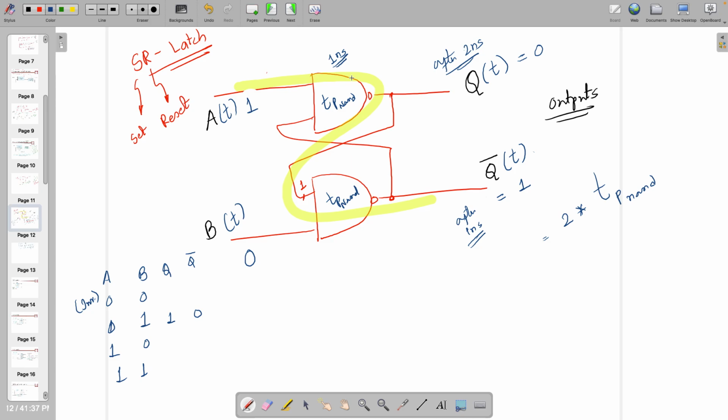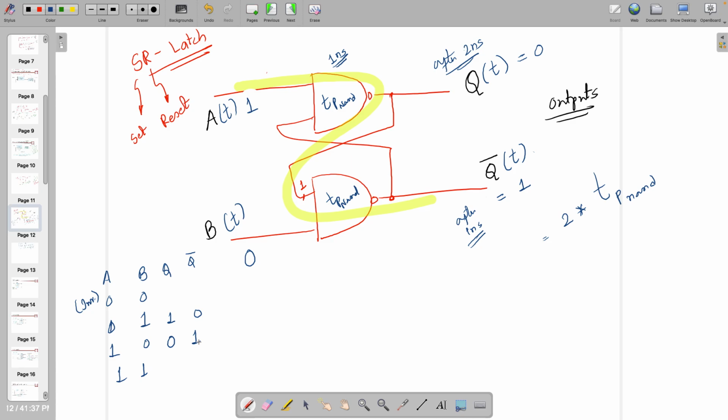The NOR circuit is given in the 4th edition and the NAND circuit is given in the 5th edition. I prefer NAND gate because NAND is universal and it's going to be used everywhere. Wherever you write any code or anything, at the back it will be NAND gates only. So this is one case, and this is 0 1.